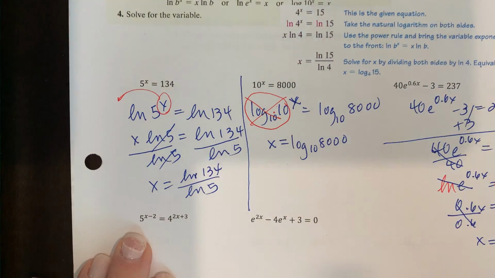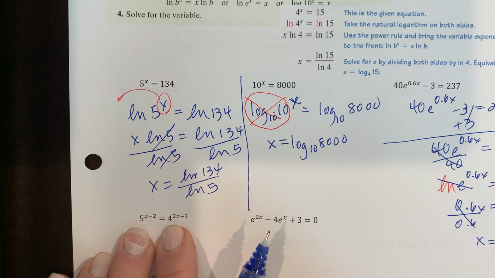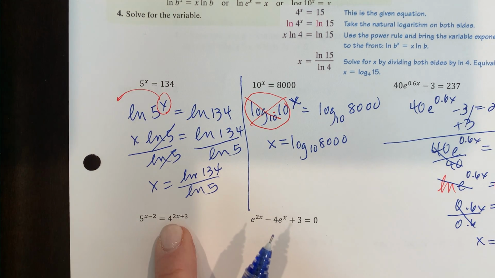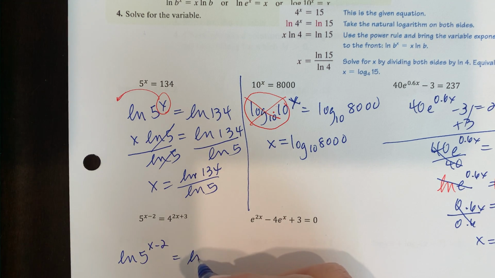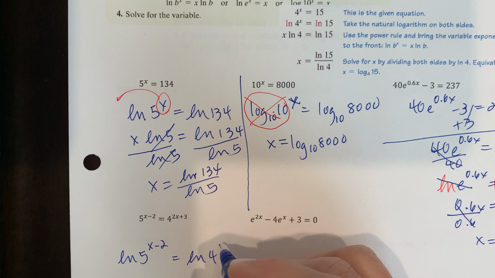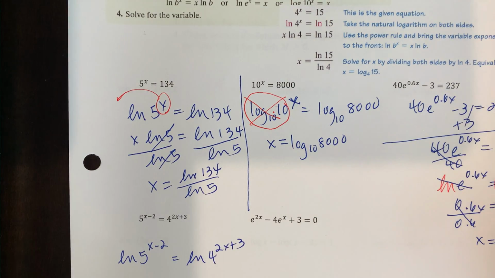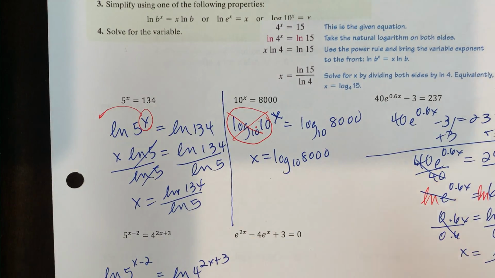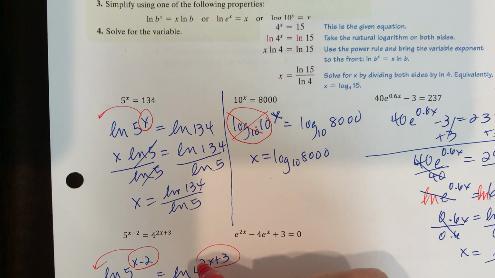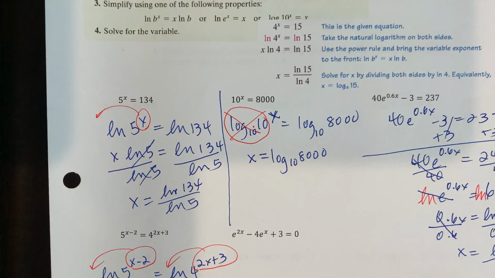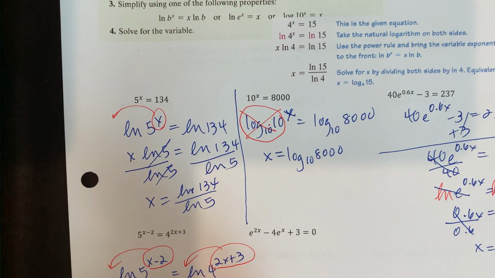All right, now these two guys don't have the same base. It's not a base 10, so we're going to use ln on both sides. So ln of 5 to the x minus 2, ln of 4 to the 2x plus 3. Okay, then your power, remember, actually comes to the front. So this power would also come to the front. So now I've got x minus 2 ln 5, 2x plus 3 ln 4.